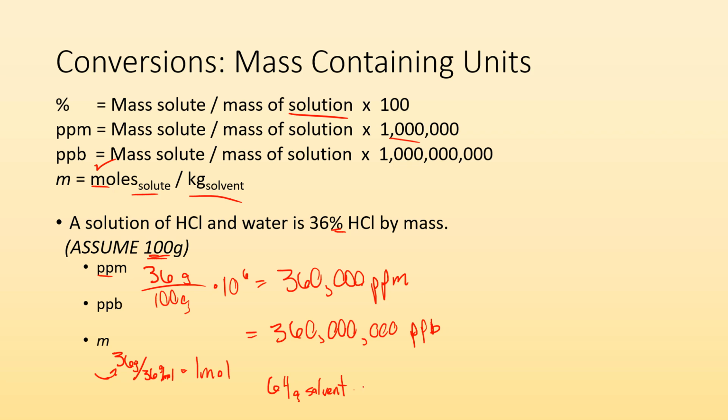So now I just have to convert that to kilograms. So divide by 1,000, I end up with 0.064 kilograms. So now my molality, I just got 1 mole divided by 0.064, and I think that was 15.625 molal. Right, so not too bad.